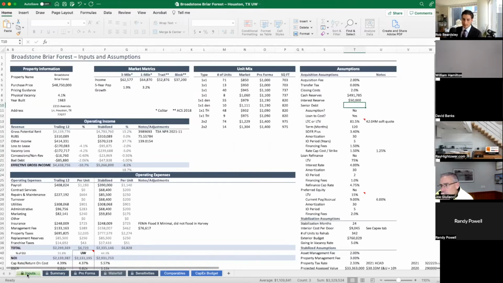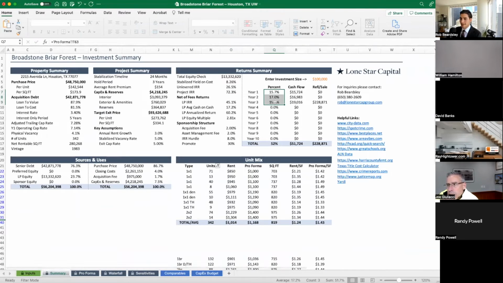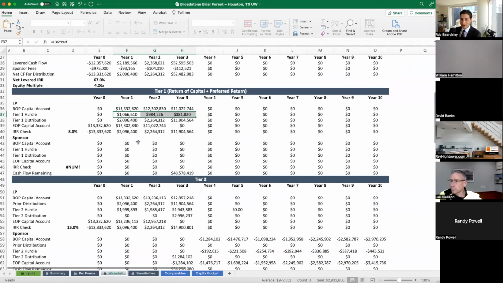And I can actually just show you an example. Let's just imagine you could run this deal with no payroll, no insurance, and you didn't have to pay property taxes. Now, your cash flows are great and they're going to be in excess of the preferred return.